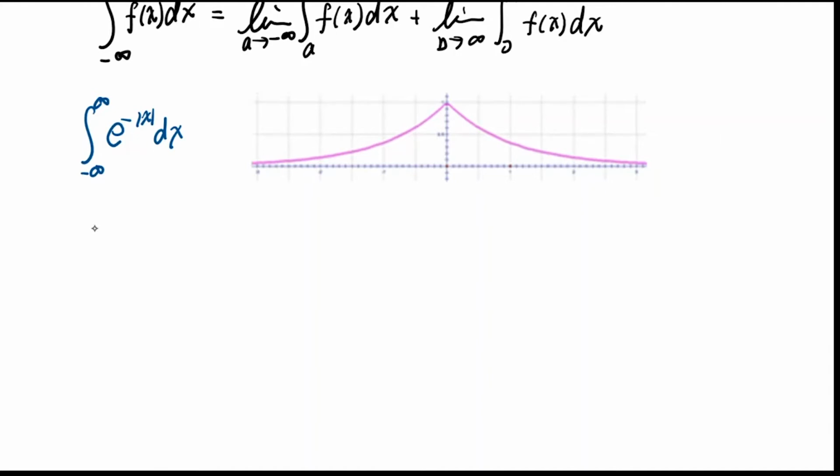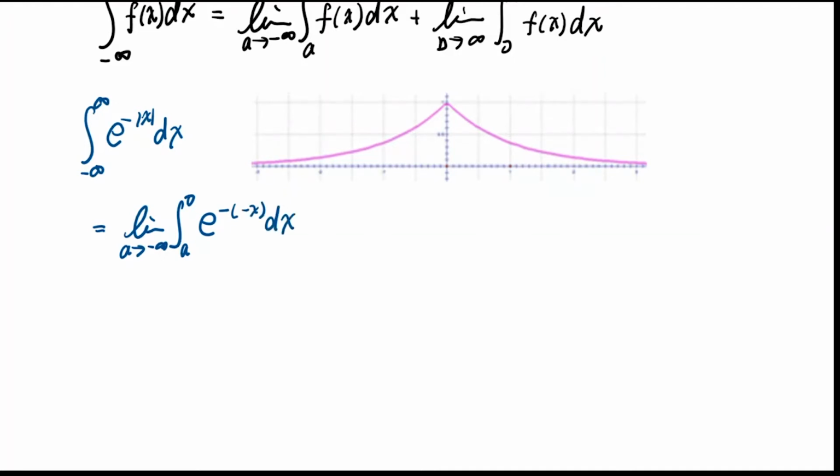The way you want to convert this into a proper integral is the limit, as a approaches negative infinity, of the integral from a to 0 of e to the, and how do you rewrite the absolute value function into piecewise? This is negative x on the left-hand side, like that, right?